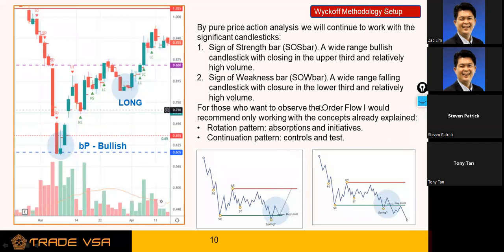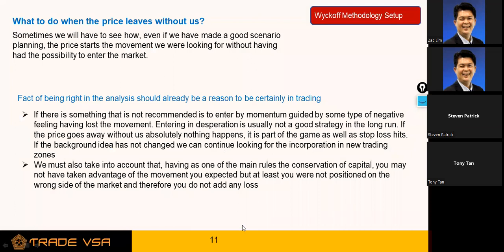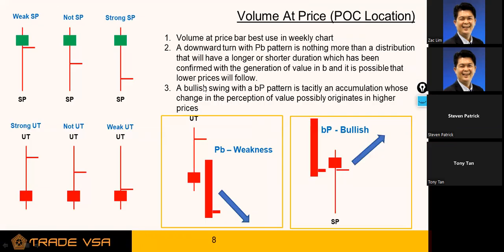Okay, so this is the... any questions, or is it actually already blurry in this volume profile? Okay, waiting for some questions. So for the volume profile, you just need to concentrate on these B and P things.